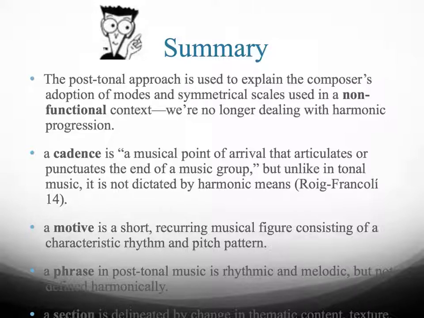A cadence in this context is a musical point of arrival that articulates or punctuates the end of a musical group, but unlike in tonal music, it is not dictated by harmonic means. A motive is a short recurring musical figure consisting of a characteristic rhythm and pitch pattern. And a phrase in post-tonal music is rhythmic and melodic, but not defined harmonically.